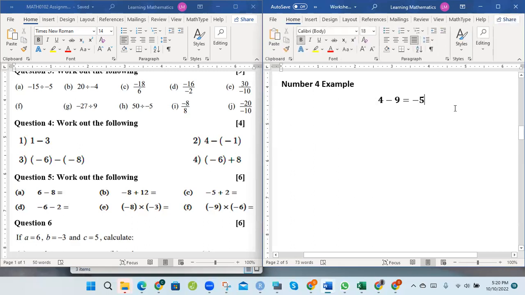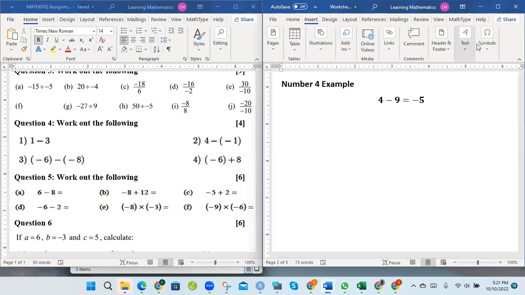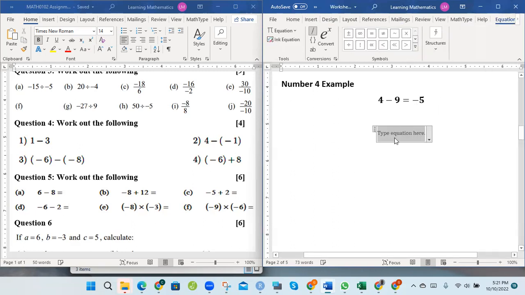Let's go to this one then. 4 minus open bracket, and you have a minus 1 inside. So let's say you have a 6, and you have a minus, you have an open bracket, and you have a minus 2. You want to separate?